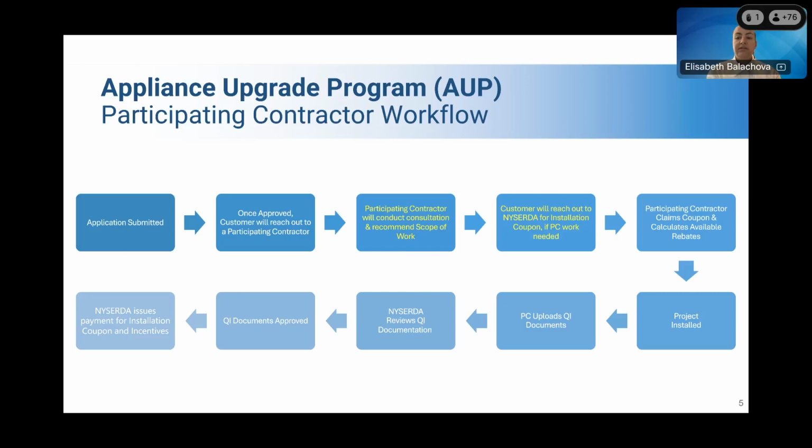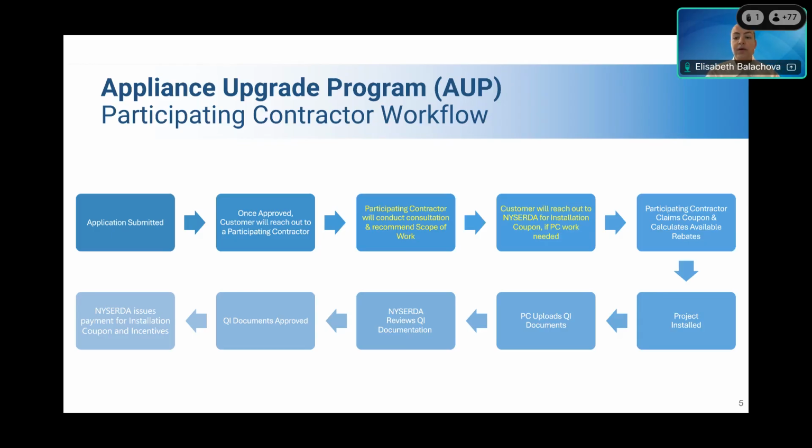Once the customer is approved for their installation coupon and receives it, that's when you, as a participating contractor, are able to claim the coupon. You can determine what rebates are available for the customer. Once you are in agreement with them, you will proceed and install the appliance and do any eligible electrical work.